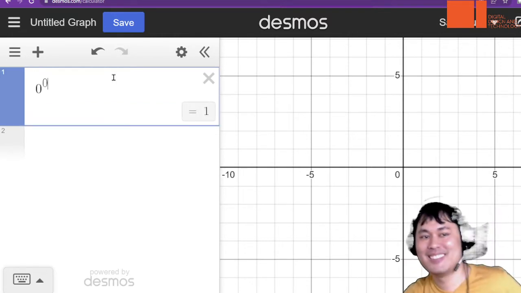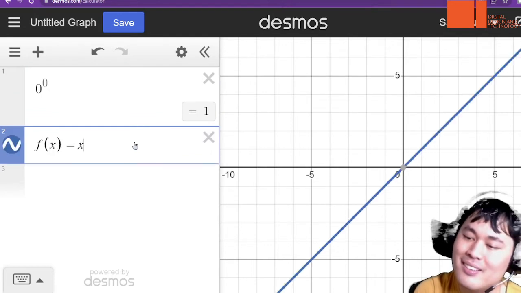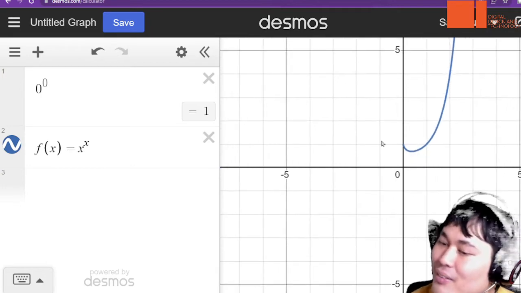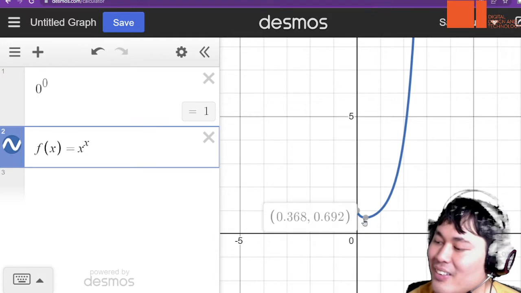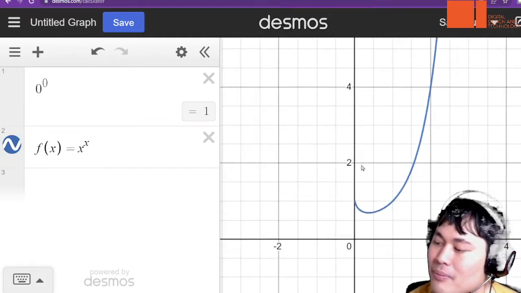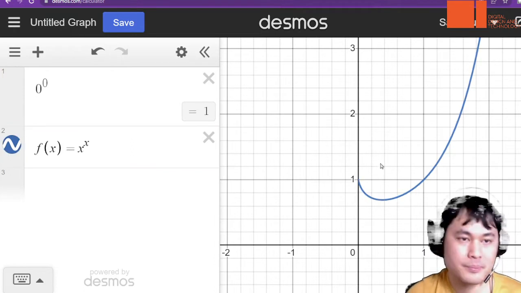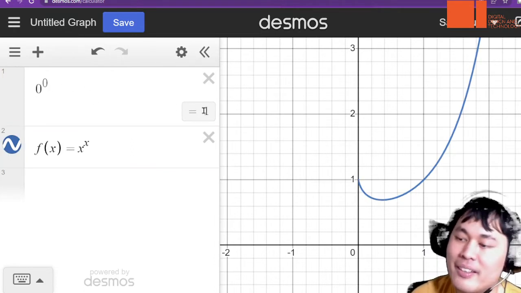See? Also, another convincing argument: if you plot that graph, it looks so weird, right? It drops here and it bounces up, and you can see clearly it is approaching 1. Fun fact, 0 to the power of 0 is 1.